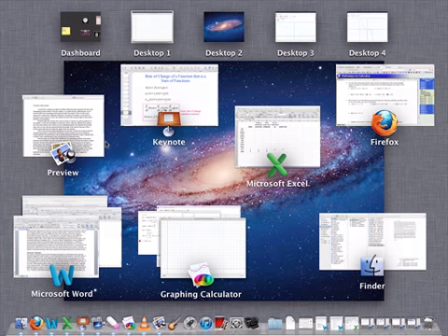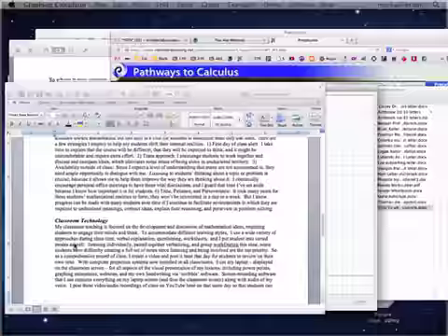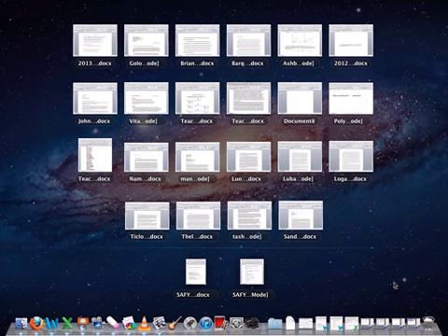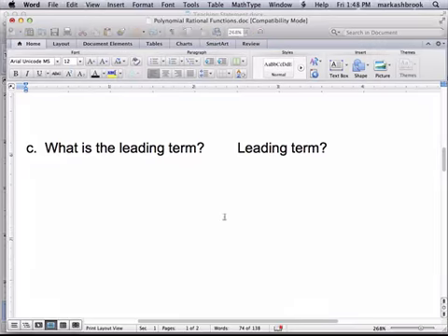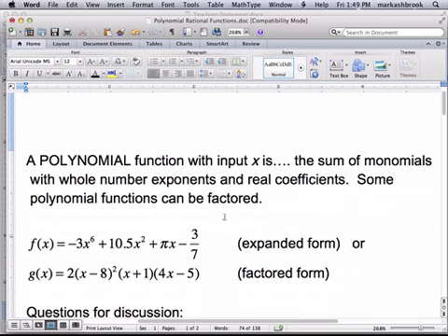So, one type of function that has this kind of look to it, these rolling hills, where we're increasing, concave up, concave down, is called a polynomial.